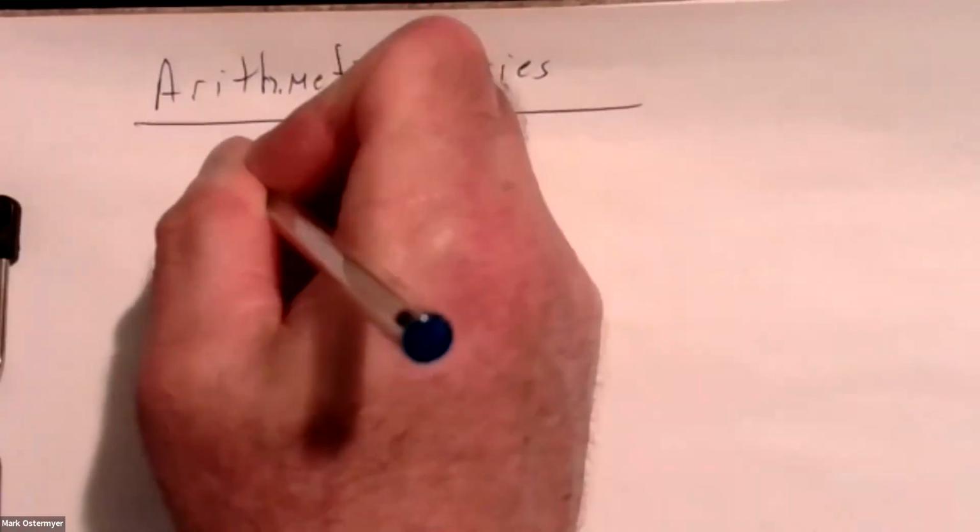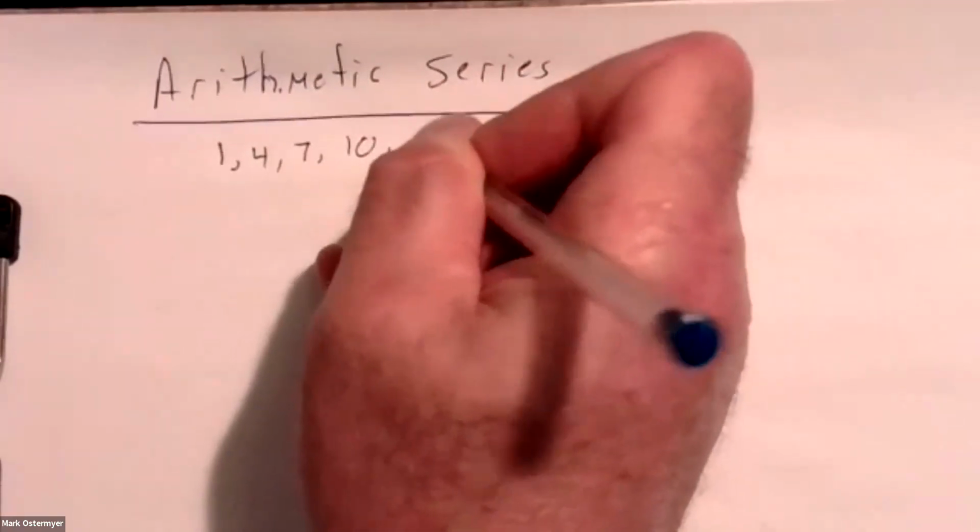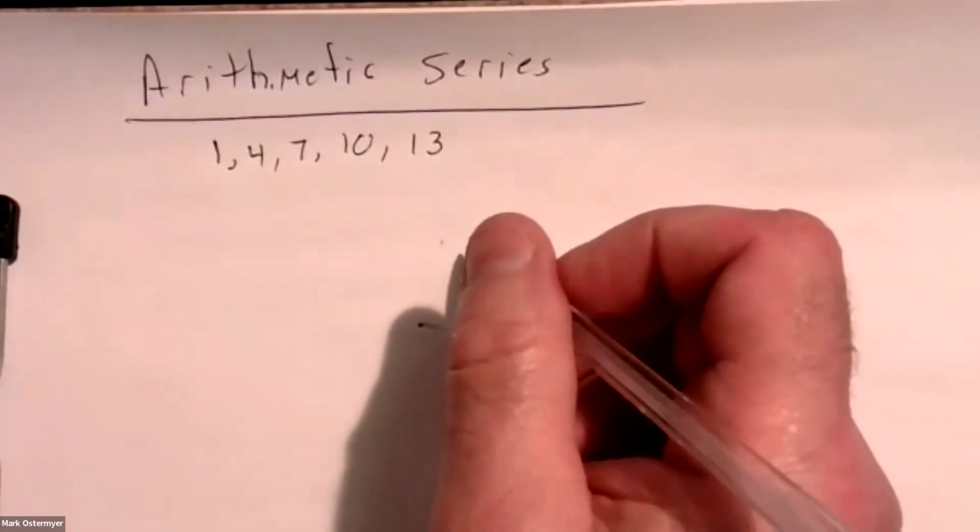Suppose that I have this finite arithmetic sequence here. I'm going to use this finite sequence to illustrate something very important. I'm going to look at what are called partial sums of this sequence.